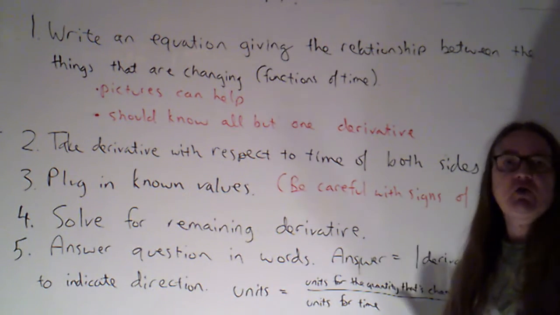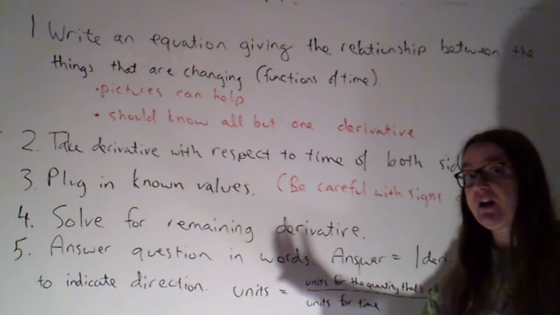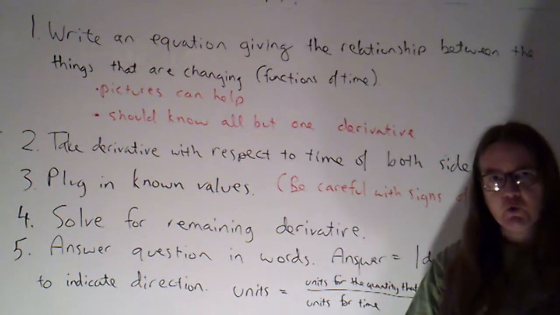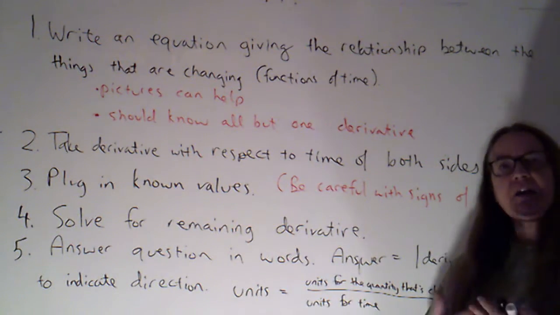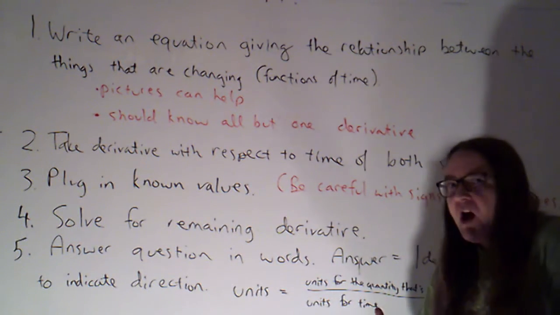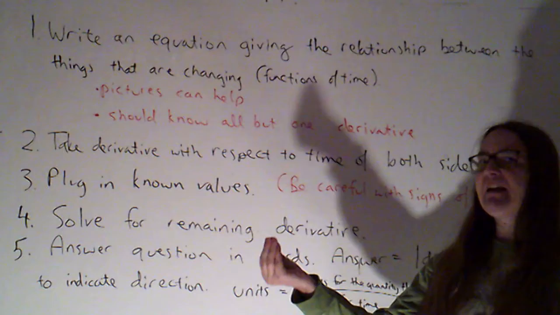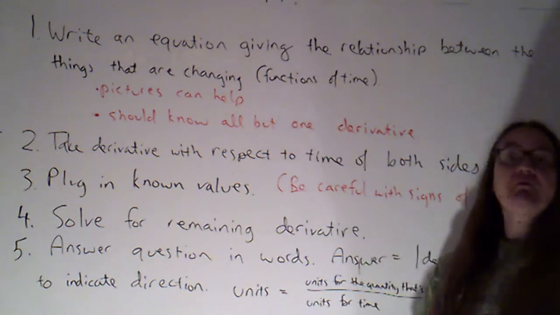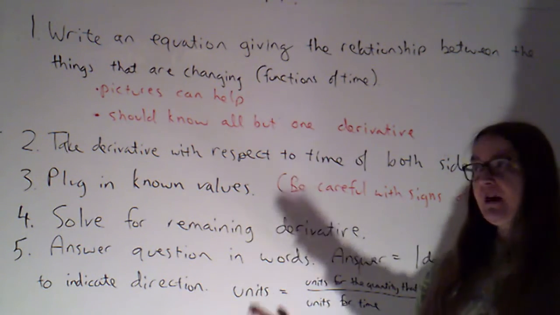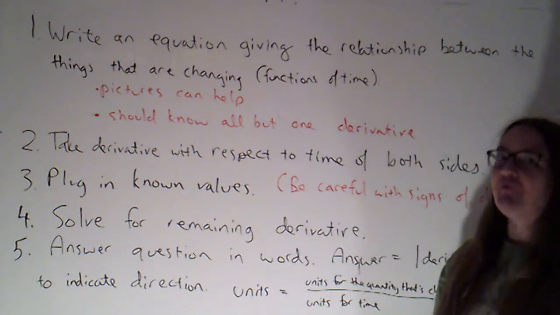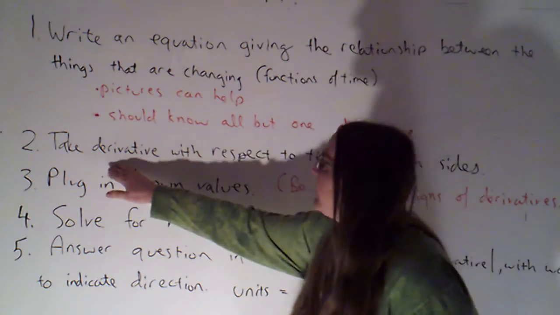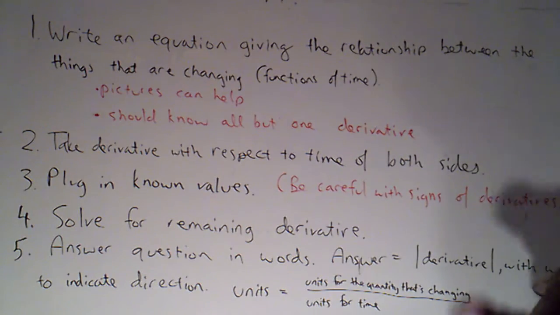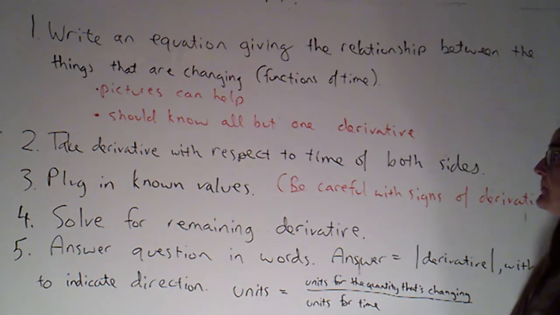So if you've got a situation where you have three functions of time, you want to know two of their rates of change or two of their derivatives, because eventually you're going to plug in everything that you know, and there should be just one thing left that you don't know. So if I had five functions of time, that would be fine as long as I knew four of their derivatives.